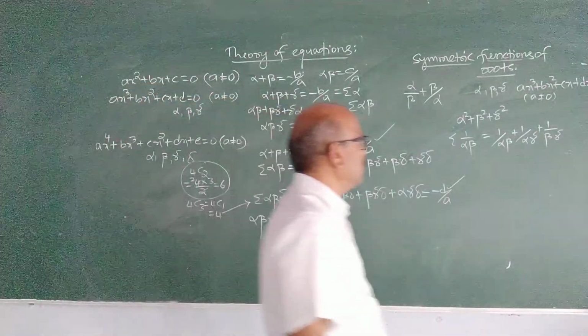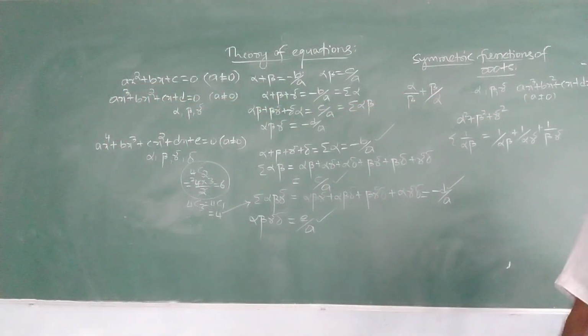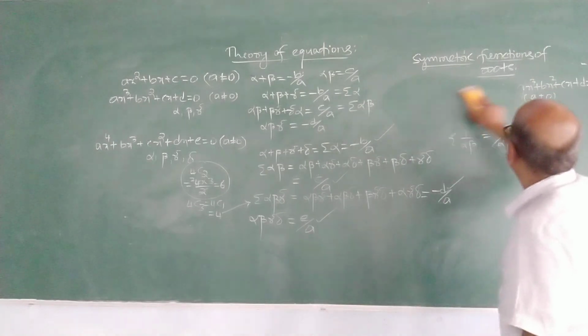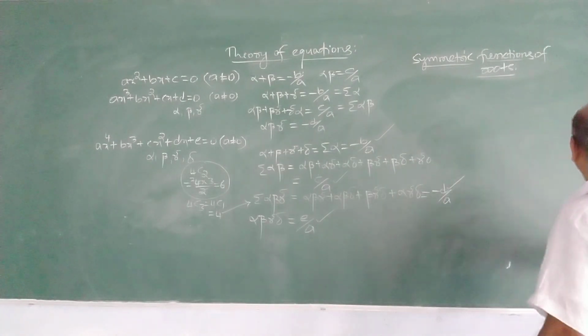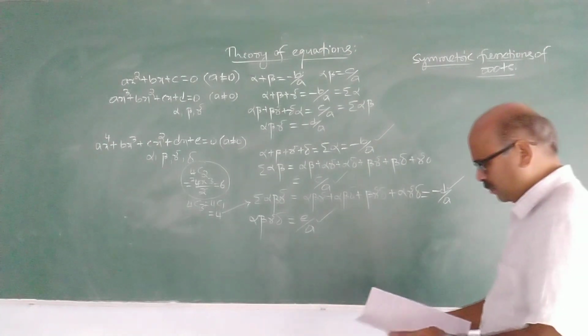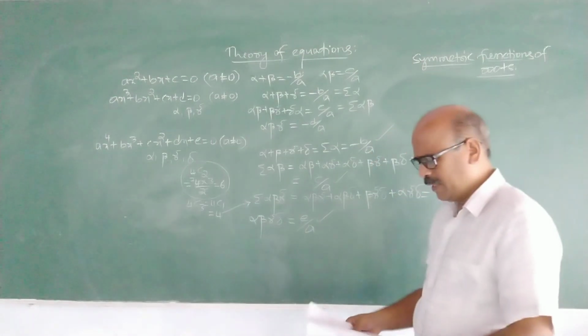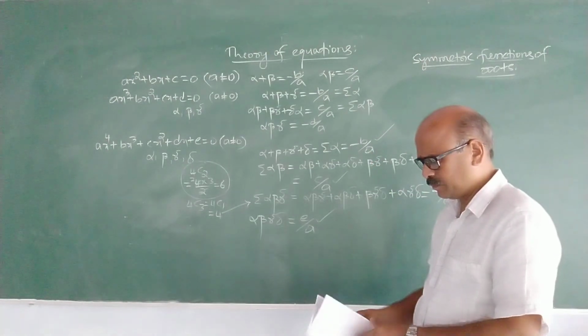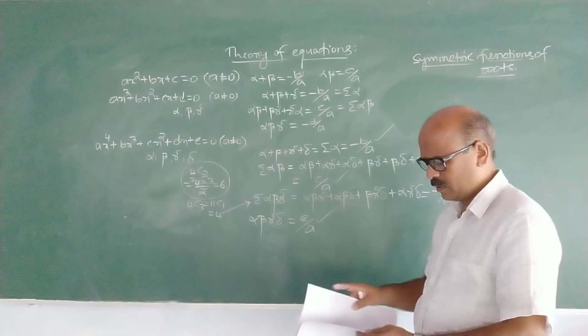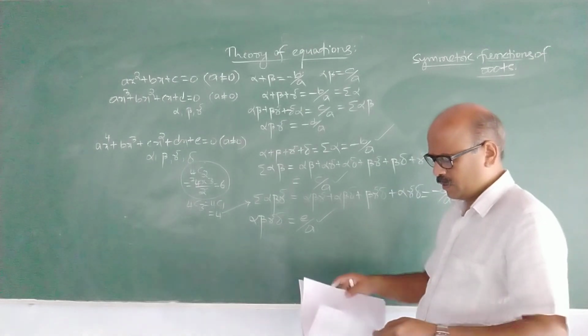Now the problem is, some equations will be given, and you have to find the value of such symmetric functions of roots. I will explain by taking an example. See this problem.